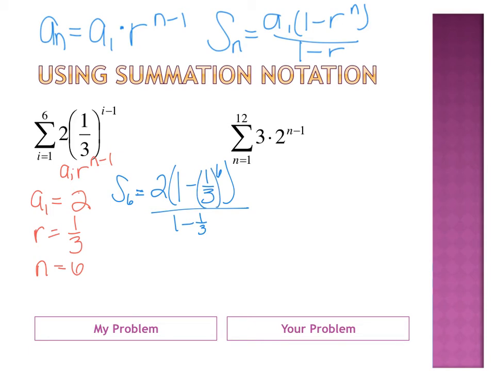And it is so important that we use the order of operations correctly here. So I need to do 1/3 to the 6th power first. And if we have our calculators, we want to do 1/3 to the 6th power in our calculator.